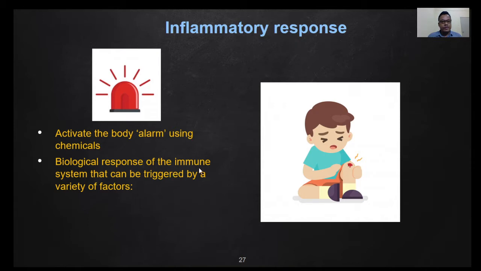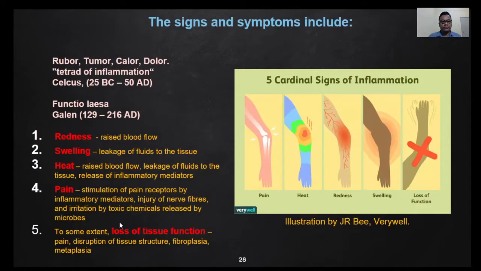It is a biological response of the immune system that can be triggered by a variety of factors or inflammatory factors such as pathogens, damage or injury to the tissues of cells, and also toxic compounds. The signs and symptoms of inflammation include the five principal signs of inflammation.